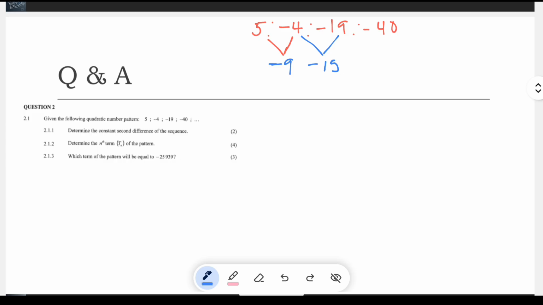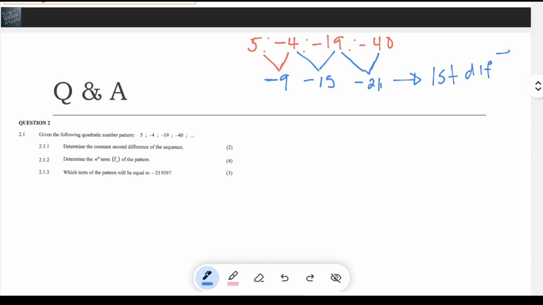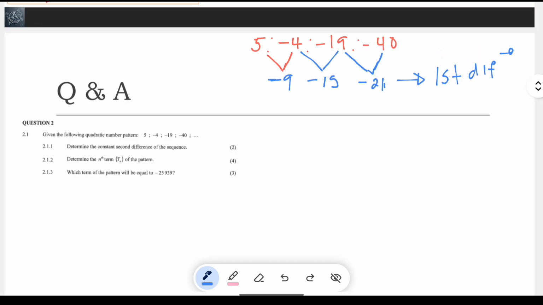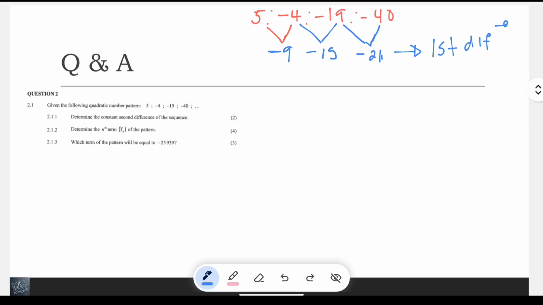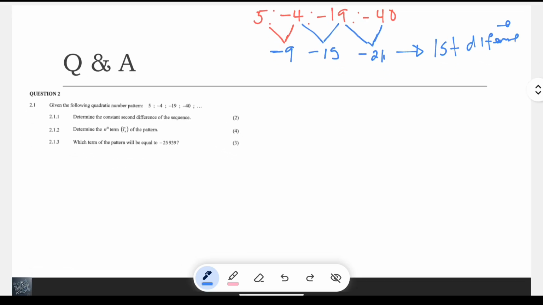And then -40 subtract -19, that will be -21. This is our first difference.